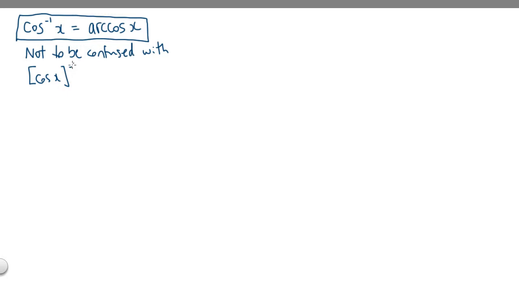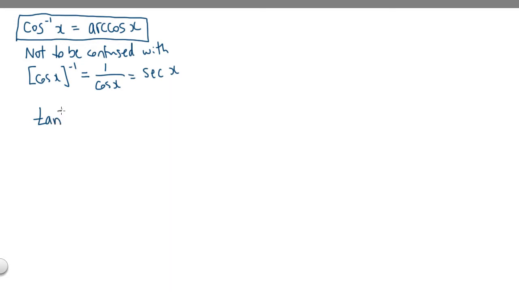Cos x, all raised to the power -1, is a different function. This is giving us just the reciprocal of cos x, which we saw earlier was secant x. So whenever the -1 is on the trig function itself, we're talking about an inverse trig function.